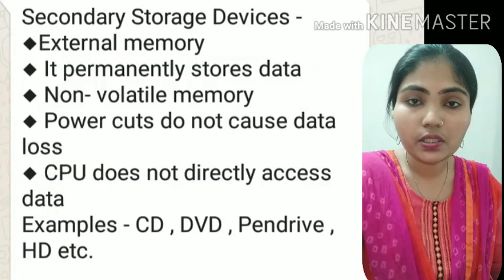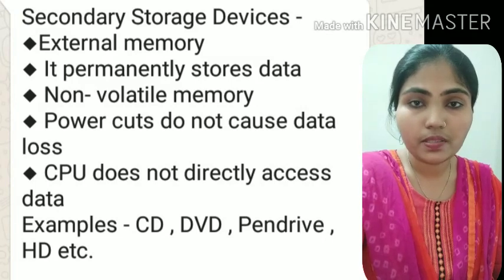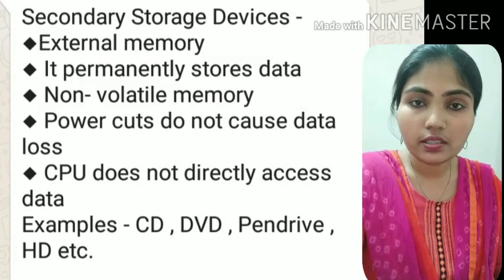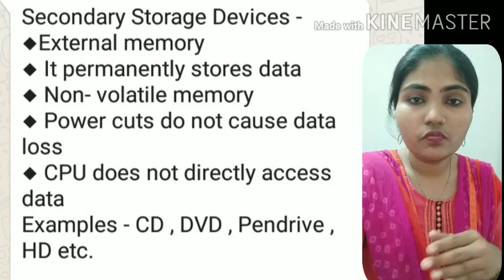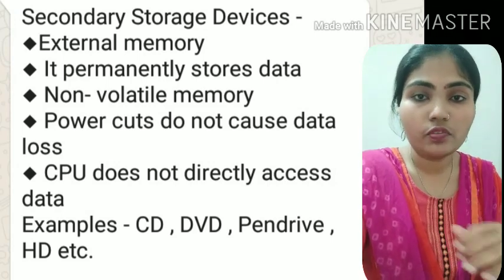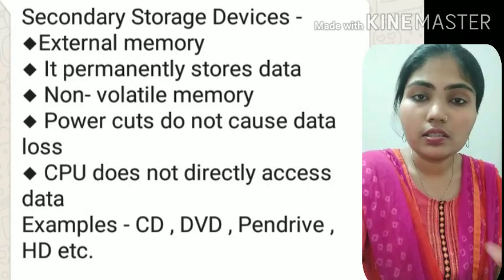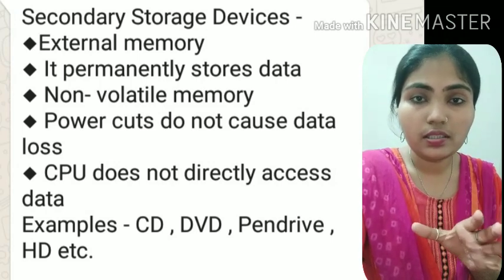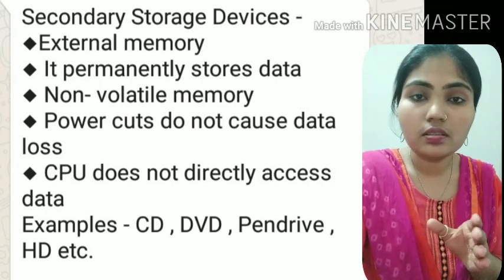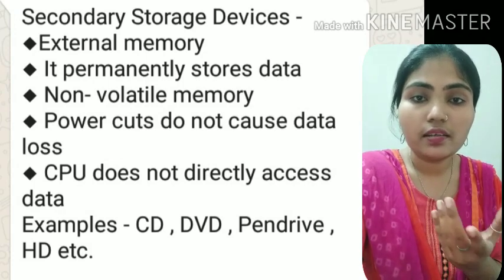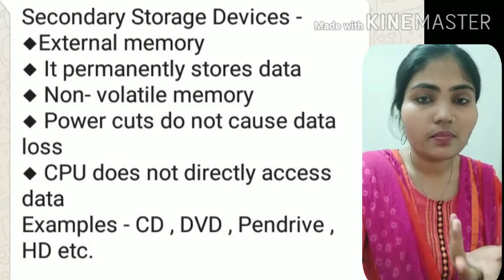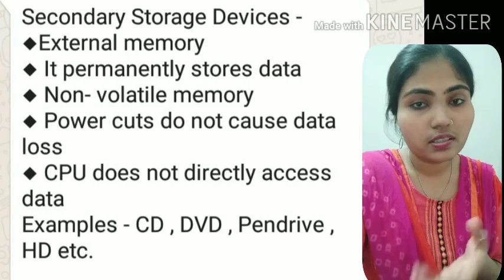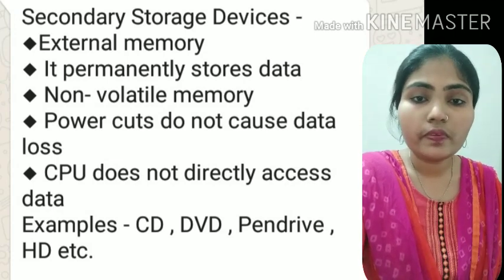As primary memory has low storage capacity, secondary memory is used for storing large amounts of data. Secondary memory stores the data permanently. For example, CD, DVD, pen drive, hard disk are some examples of secondary memory.